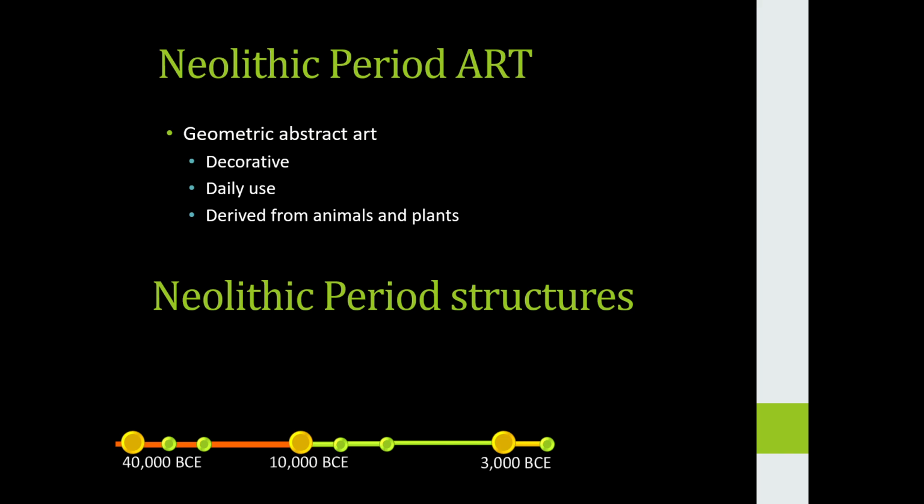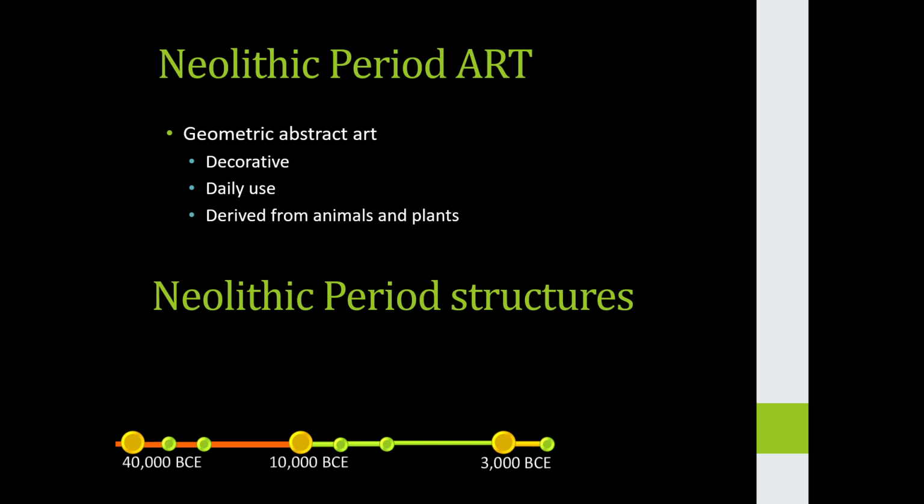Also within the Neolithic period, we're going to have some structures. Now, this is not really architecture. Architecture would be a building where people can reside in or inhabit. These are structures, elements that were placed by humans for some specific reason.